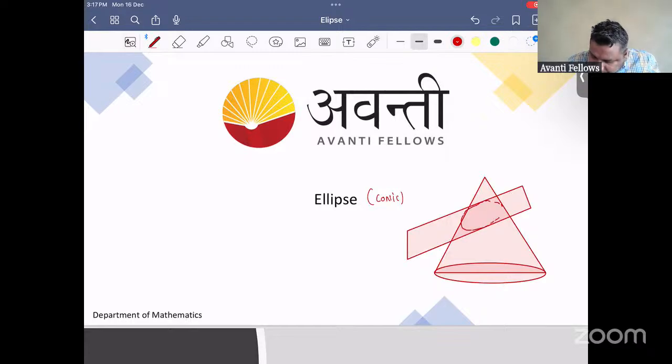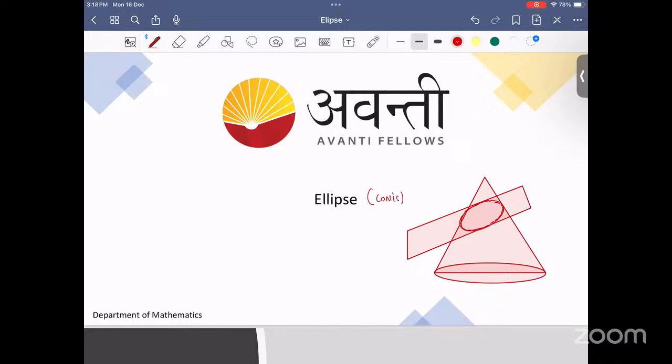Yes or no? If this plane is parallel to the base of the cone, you will get a circle. But if this plane is tilted from the base of the cone, you will get an ellipse. Am I clear? Ganesh? Yes, sir. Clear. Fine.